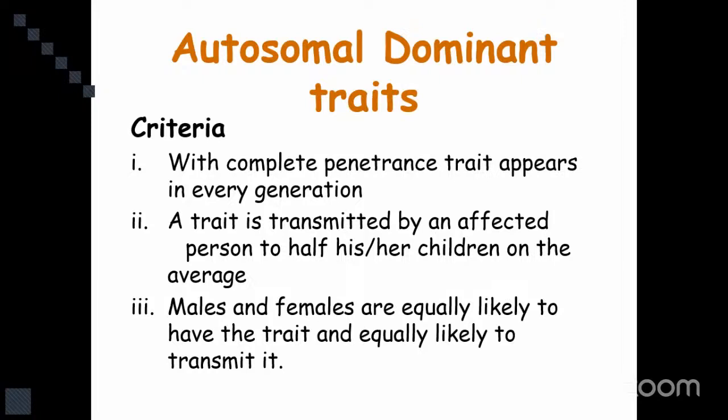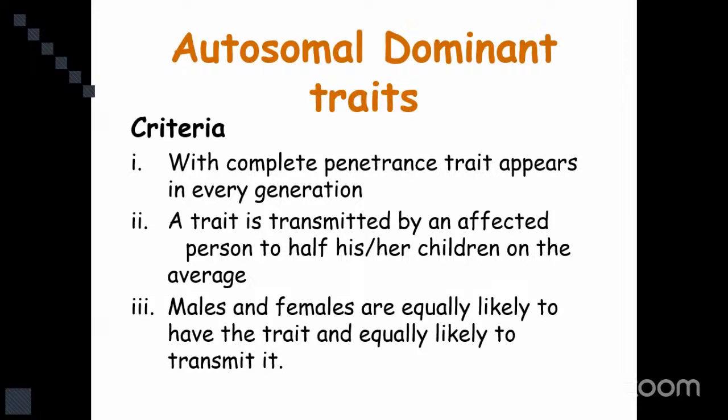When we say half of the children on the average, what we simply mean is that it's a heterozygous situation where you can have a capital B and a small b, or a capital T and a small t. And then by normal crossing probability, we know that the percentage is 50-50.